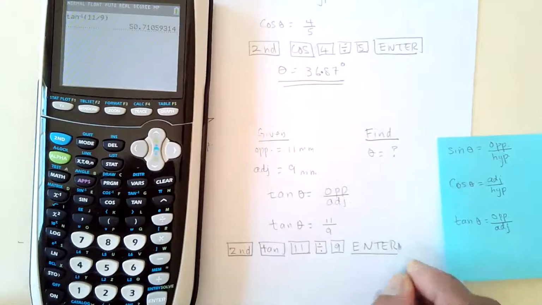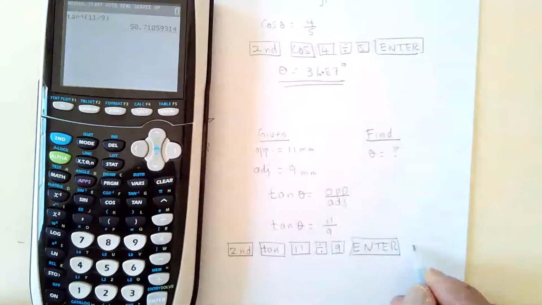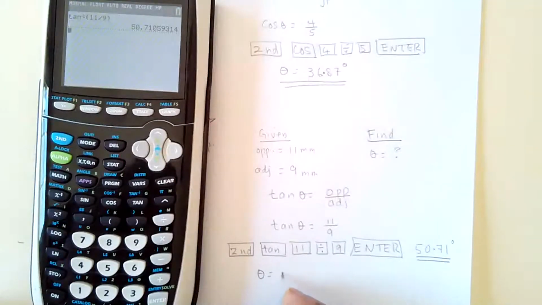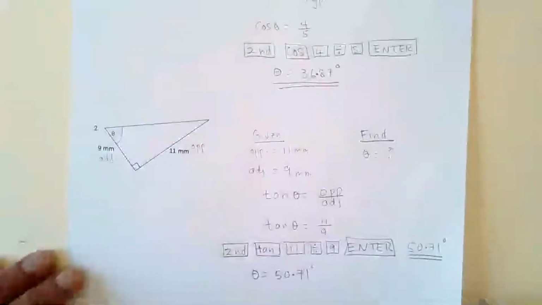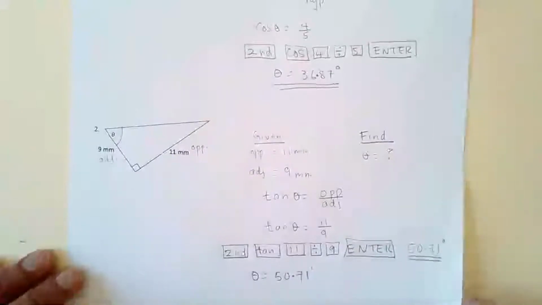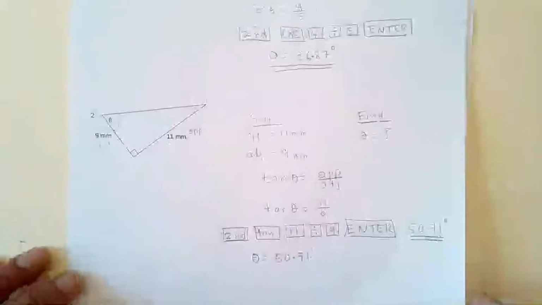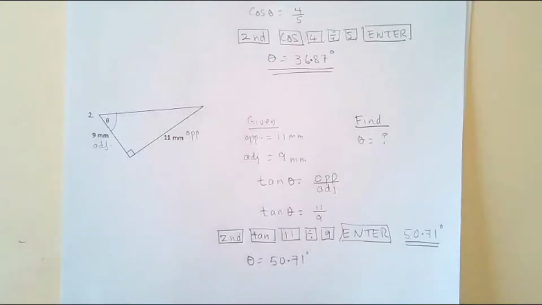Which gives me 50.71 degrees. So theta is 50.71 degrees. As you can see, the process is fairly similar regardless of what angle you find, as long as you're given the measurement of 2 sides.